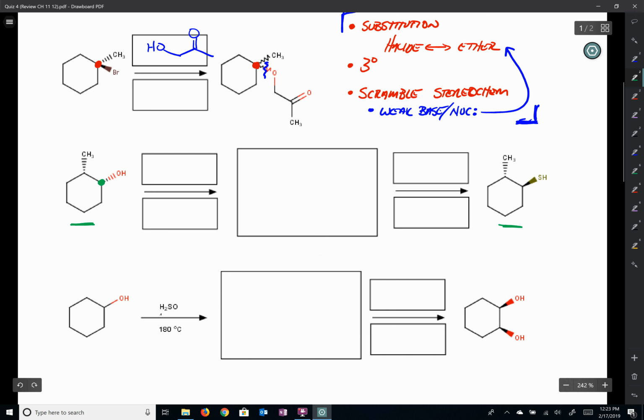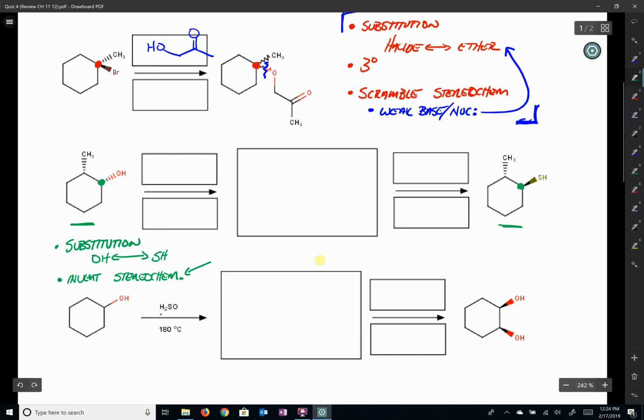So we need to do a substitution for an alcohol to a thiol, and we need to invert stereochemistry along the way.